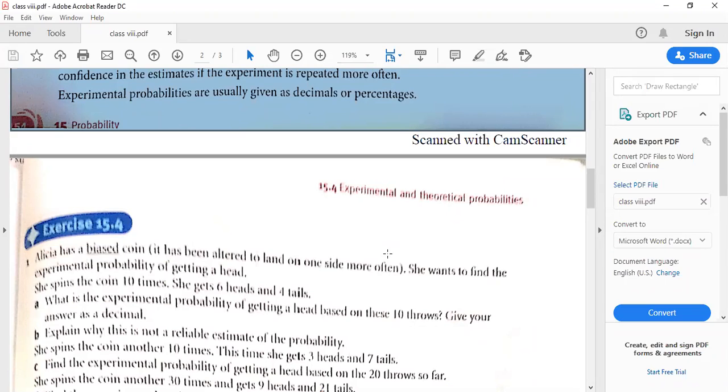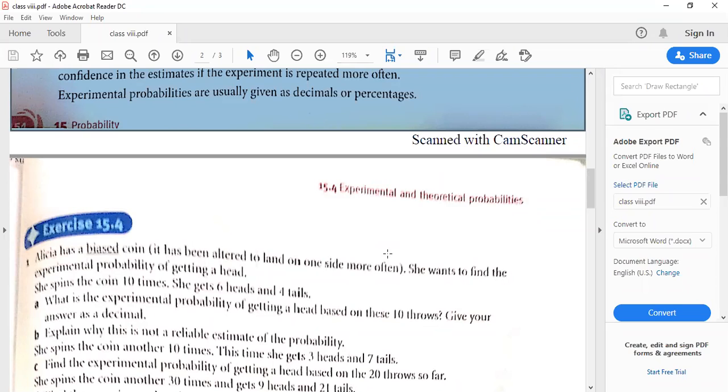She gets 6 heads and 4 tails. So what is the experimental probability of getting a head based on these 10 throws? Give your answer as a decimal.